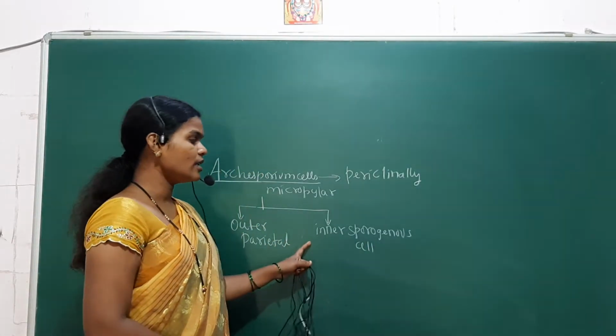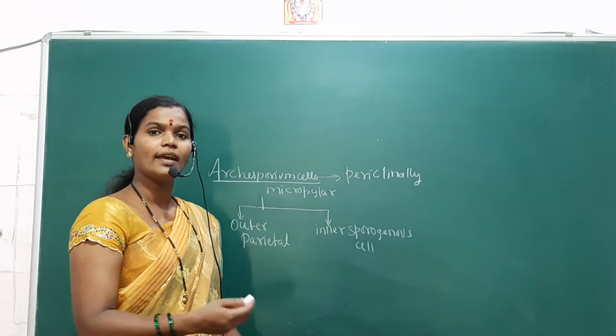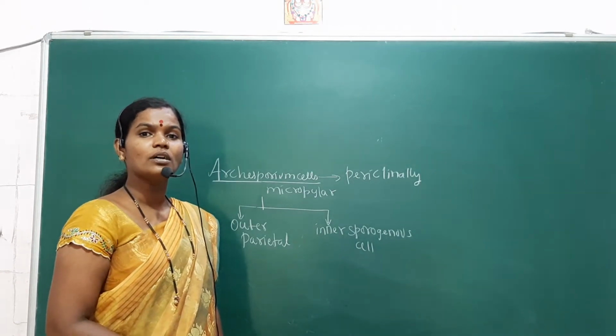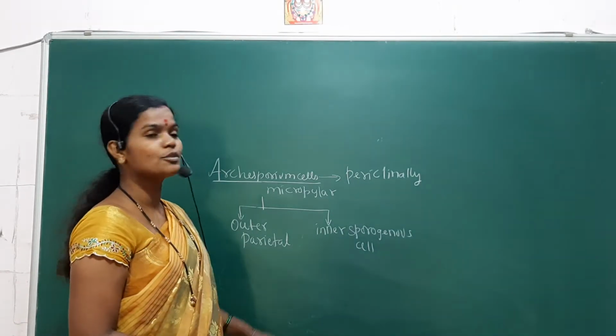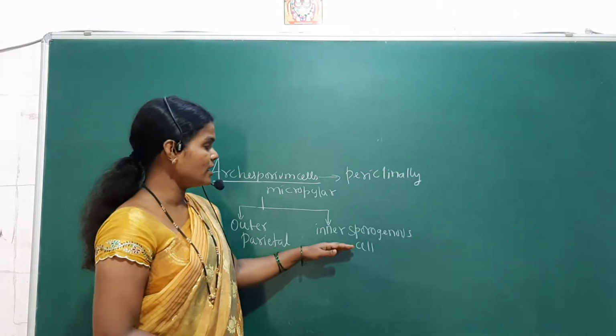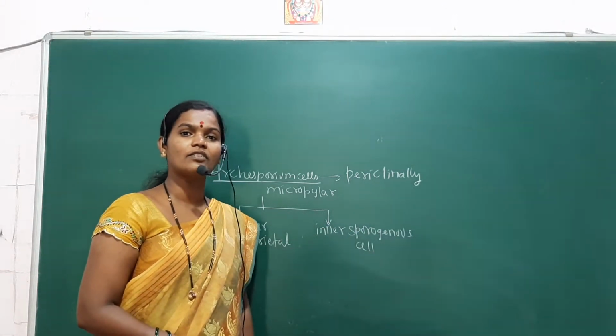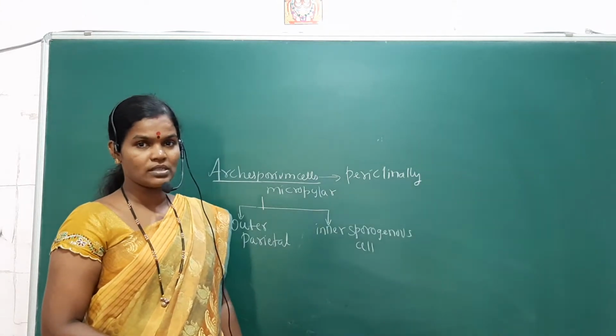Okay. So the inner sporogenous cell later converts into a megaspore mother cell. How?